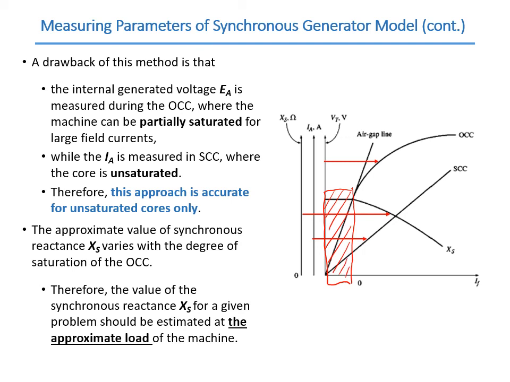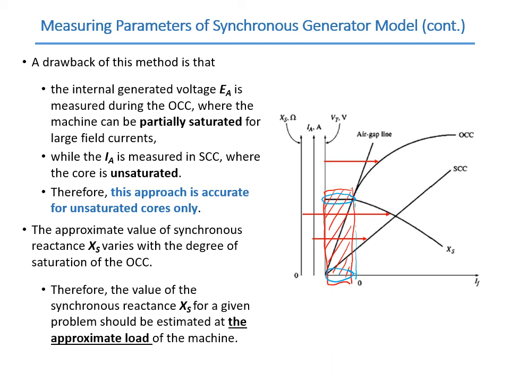And you can see as well the value of XS is actually constant. So if you want to get this XS value, we can use any value of IF that is falling within this region here.